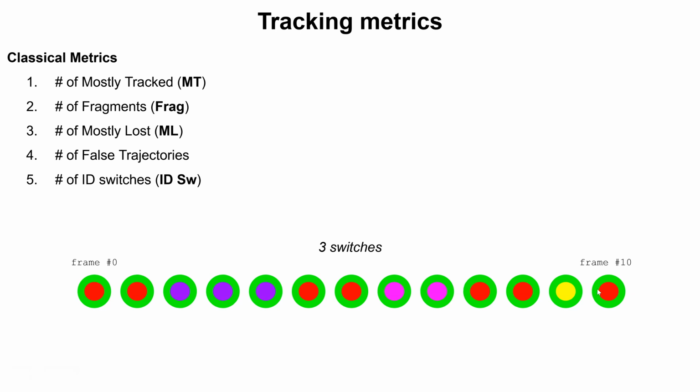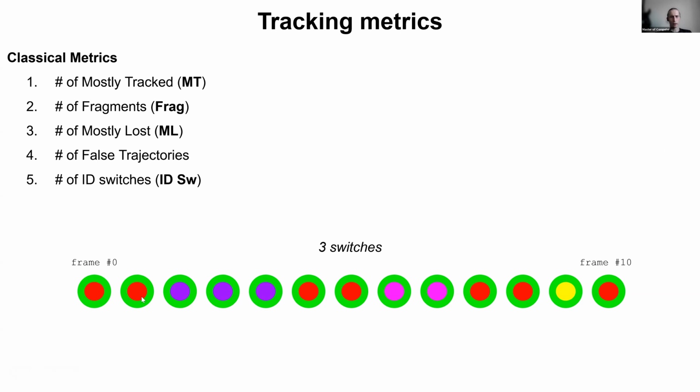Okay, so in this example, it's not about the switches, it's about how many more tracks it has. I mean, we have 1, 2, 3, 4, 5, 6 switches from one track to another, but we have 4 tracks here, and we subtract 1 from 4 tracks, and we get this metric.